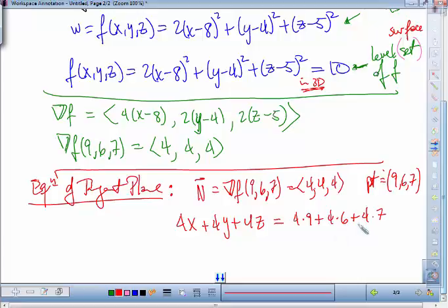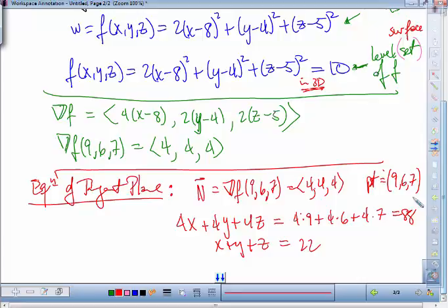This will give me x plus y plus z is equal to, if I factor out a 4, 9 plus 6 plus 7, which is 22. The whole thing was 88.